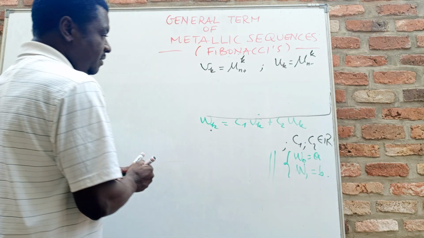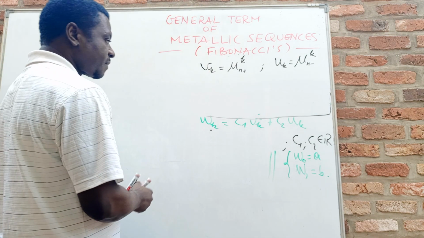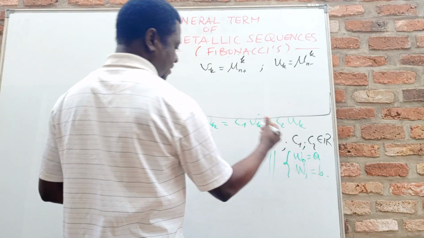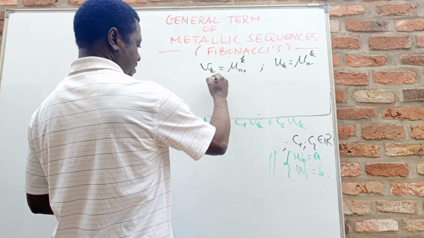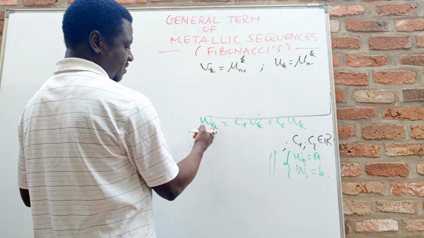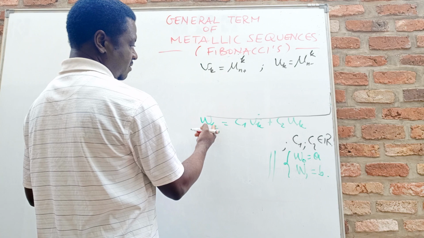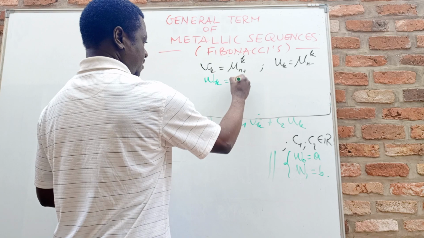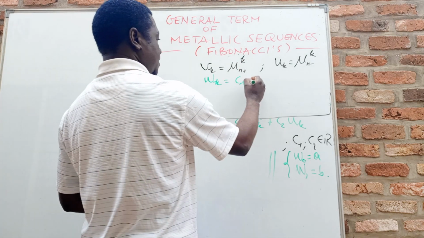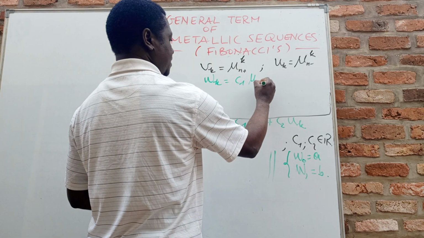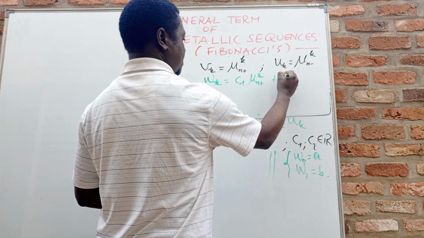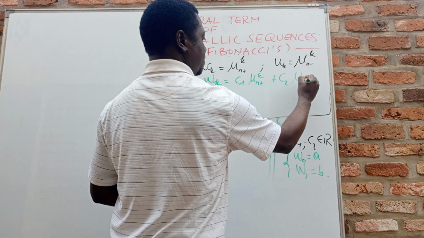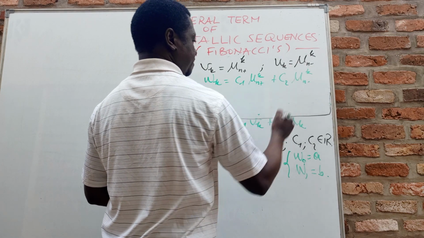So Wk equals C1 mu n plus power k plus C2 mu n minus power k.